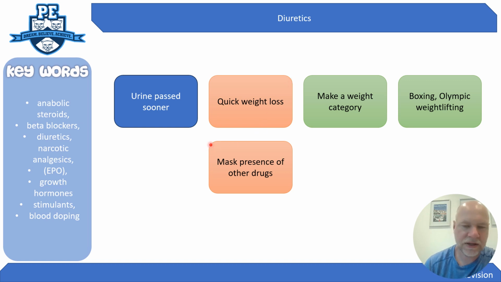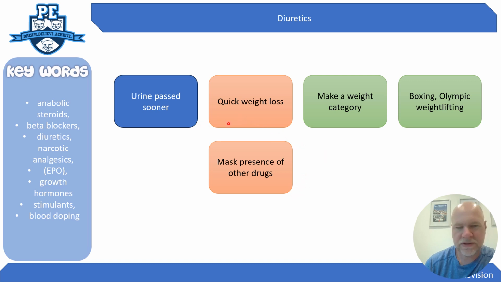And in other cases, it's to mask the presence of other drugs. Now, most questions about diuretics will focus on these two areas, like why would someone take diuretics? And it's these two points, so losing weight quickly and masking the presence of other drugs.